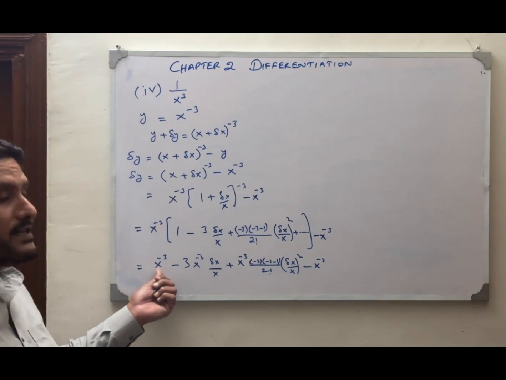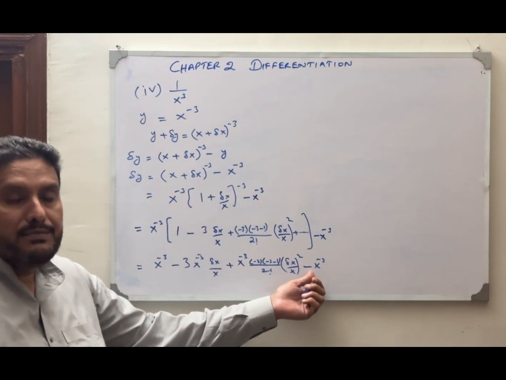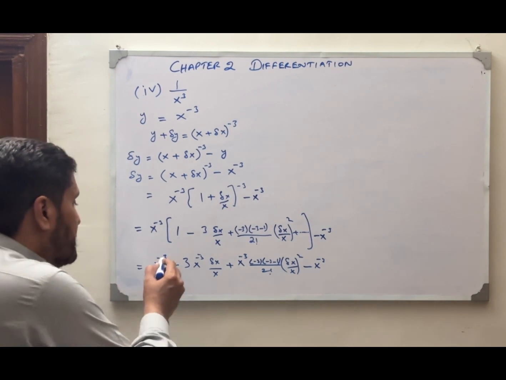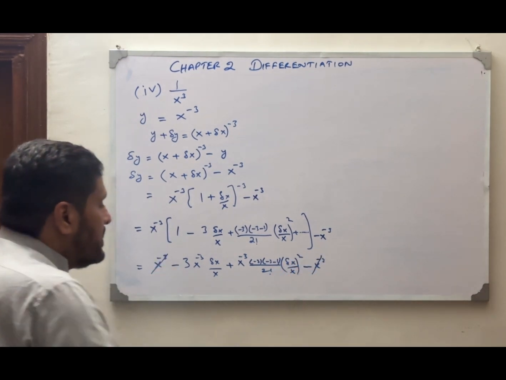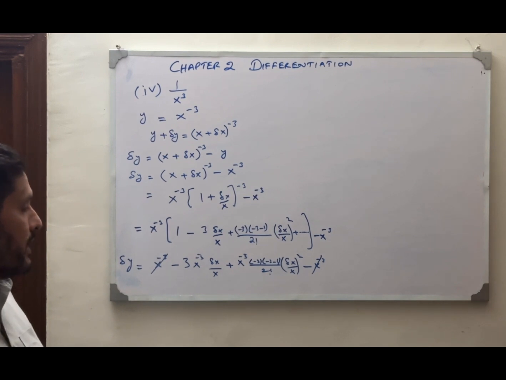So this plus x power minus 3 will be cancelled by this minus x power minus 3. They will be cancelled with each other. So this is the value of delta y.